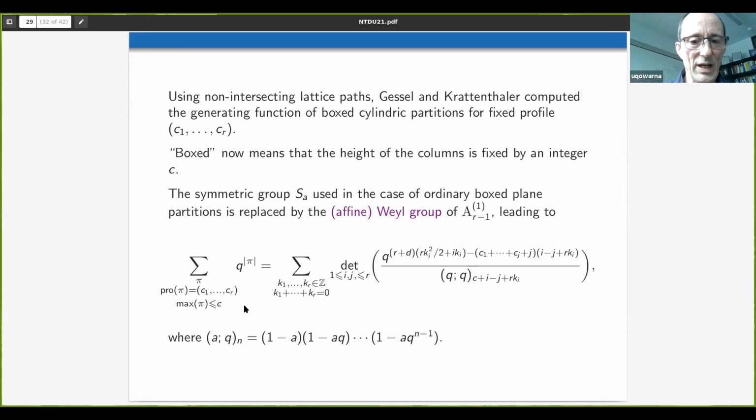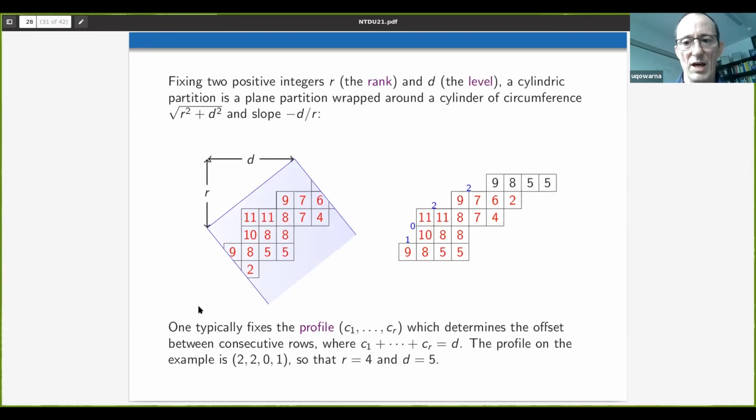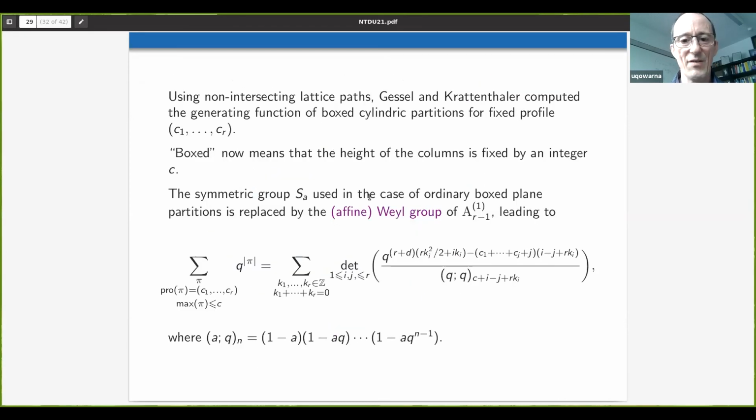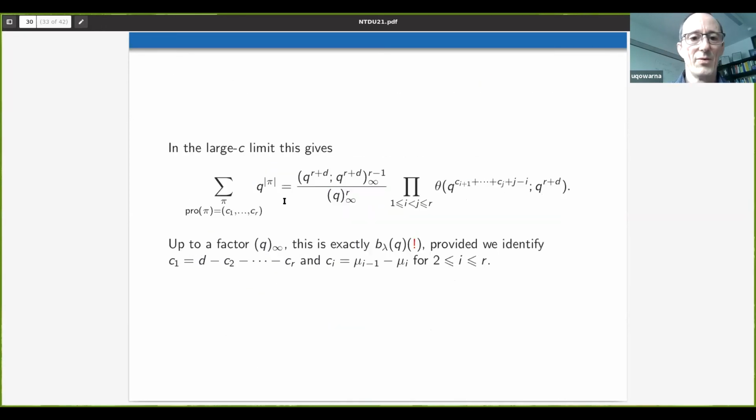So here I have the generating function where the max of the cylindric partition is nothing but the largest number of cubes that I've stacked, so it's 11, or here the height of this highest column, which is again 11. If I let that go to infinity, it turns out that I precisely get a product over Jacobi theta functions.